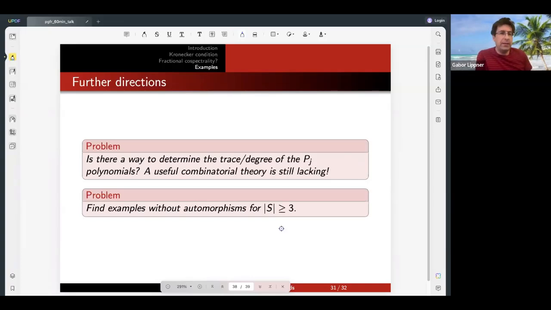The only way is either some explicit calculations on some very special graphs. And so I really want to see if there is, and if there is, what would be a useful combinatorial theory for understanding these relative minimal polynomials. And then sort of corresponding to that, can we find examples with more than two nodes where it doesn't come from an automorphism?